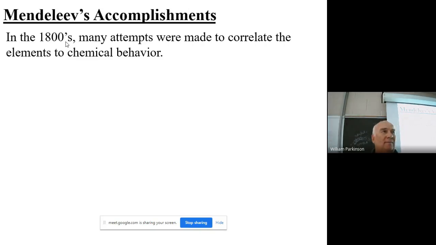They could figure out that hydrogen was at the beginning, it was the lightest element, and then helium was the second lightest element, and then lithium, sodium, boron, carbon, oxygen, nitrogen. By the 1800s, they were able to figure out how much each one of these weighed.